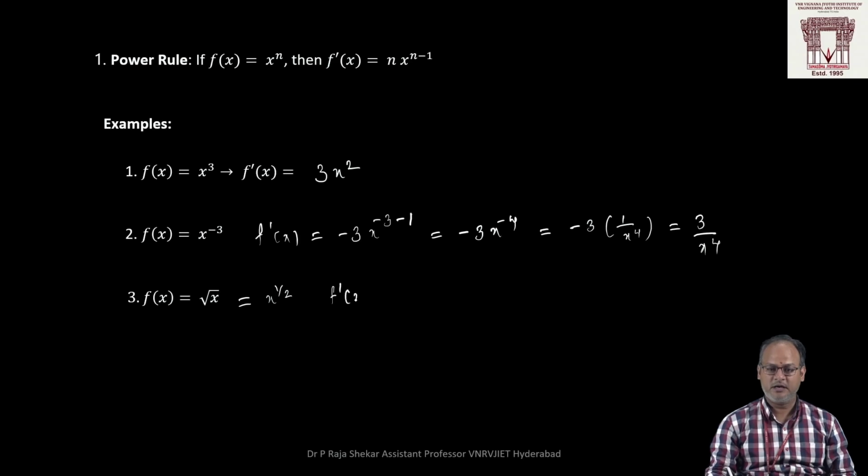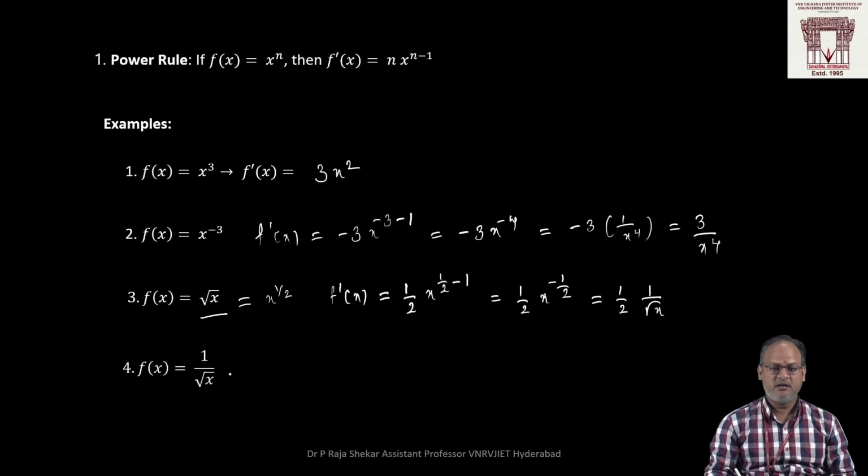Then f dash x will be 1 by 2 into x to the power 1 by 2 minus 1. 1 by 2 minus 1 is minus 1 by 2, so it is 1 by 2 into x to the power minus 1 by 2, which means 1 divided by root x. So basically the derivative of root x is nothing but 1 by 2 root x.